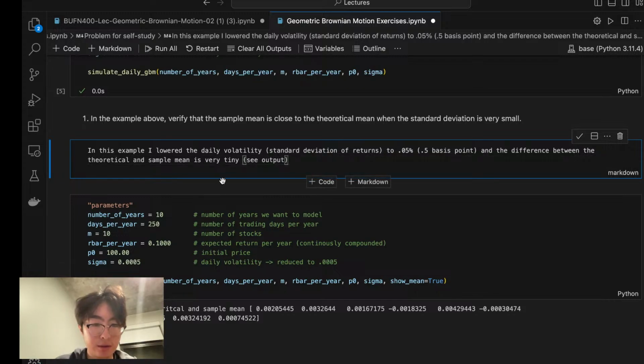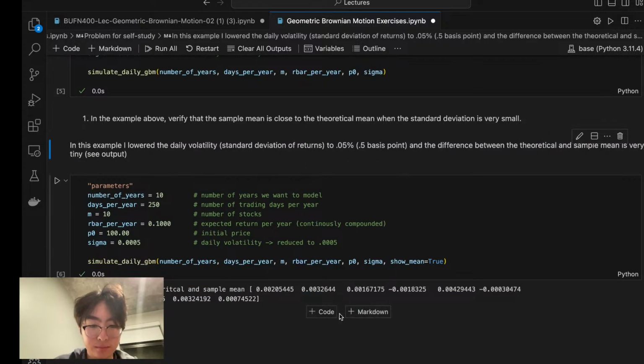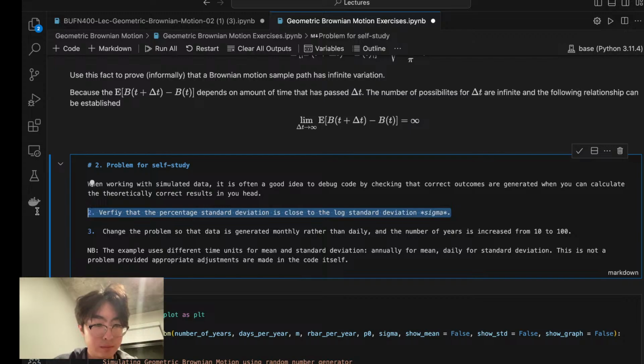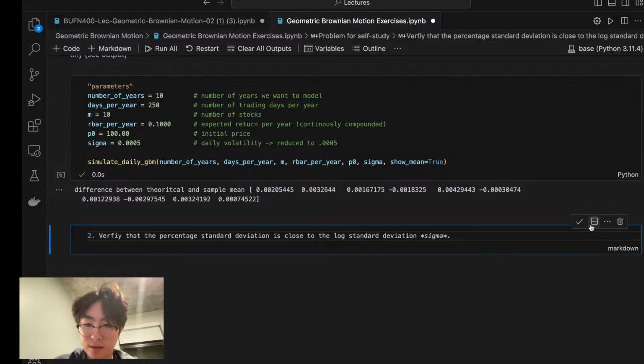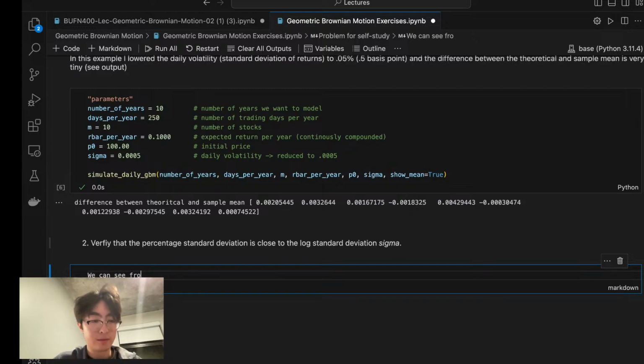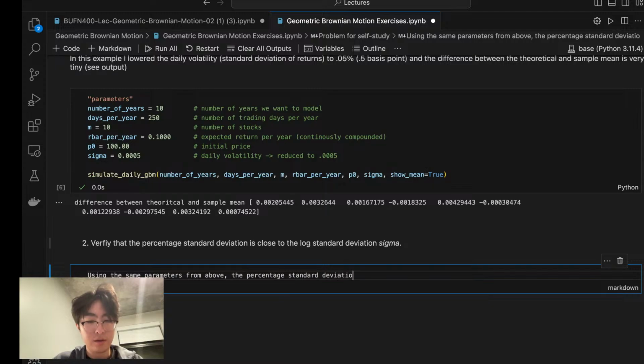C output. Okay. Verify that percentage standard deviation is, you can see from using the same parameters from above, the percentage standard deviation is calculated.